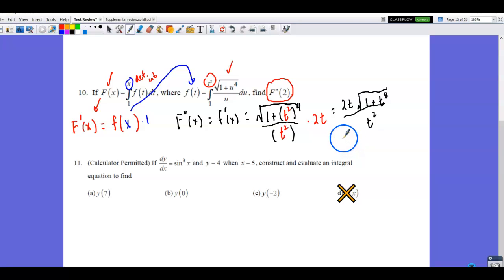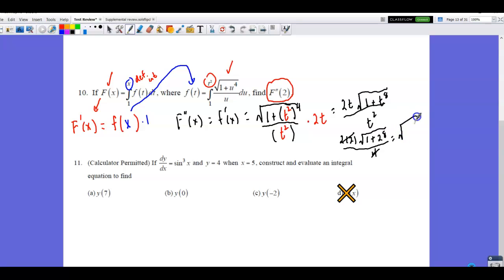If I substitute 2, that'll give me 2 times 2 times the square root of 1 plus 2 to the 8th power over 2 squared is 4. So right in front of the radical, 2 times 2 is 4, divides out with a 4. And that's not 1 plus 28, that's 2 to the 8th.